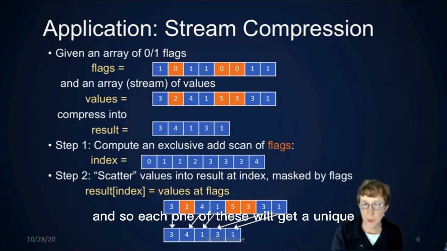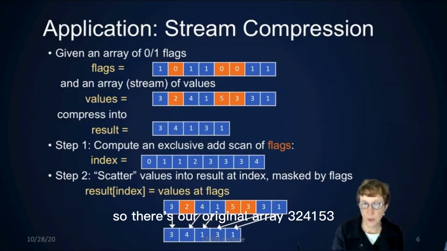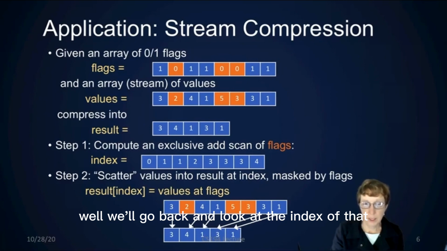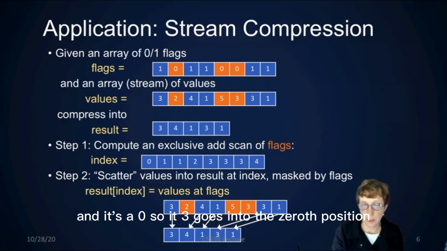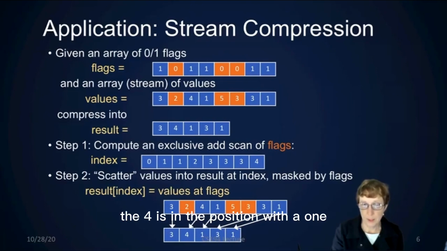And so each one of these will get a unique location to go into. So there's our original array, 3, 2, 4, 1, 5, 3, and the only things that are being written are the blue ones. The 3 is being written at, well, we go back and look at the index of that 0th position, and it's a 0. So 3 goes into the 0th position. The 4 is in the position with a 1, so that goes into the first position, and so on. So any questions about that?